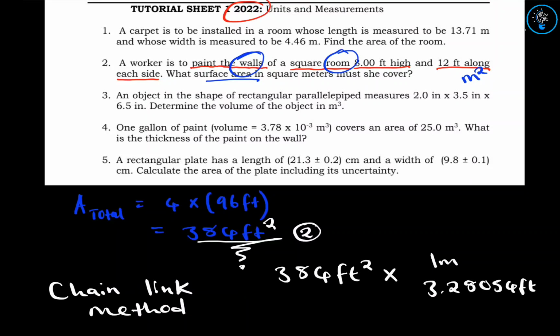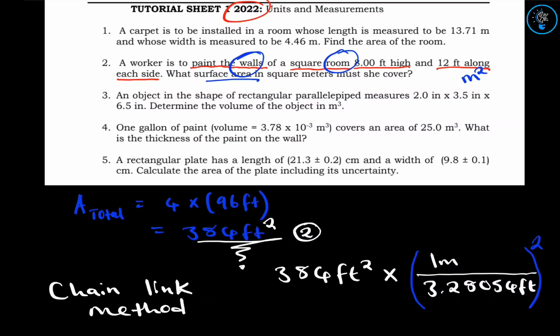Okay. So now we are dealing with area. So the units on our conversion factor must match with those on this part. To make them match, we need to square the conversion factor. That way, the meters will be squared and the feet will be squared.